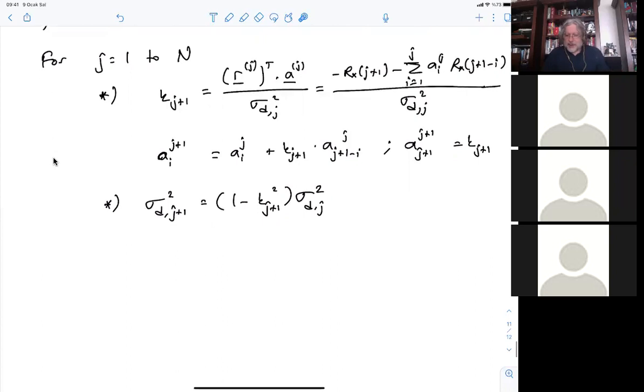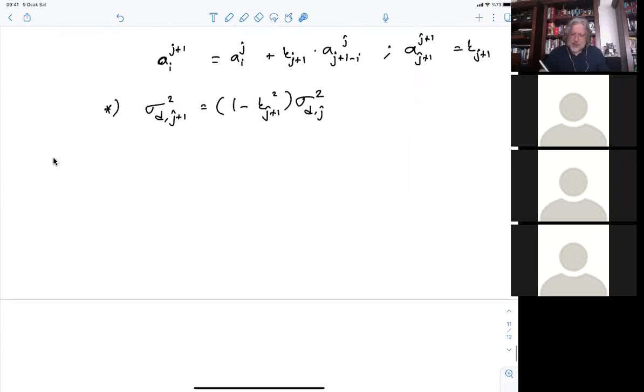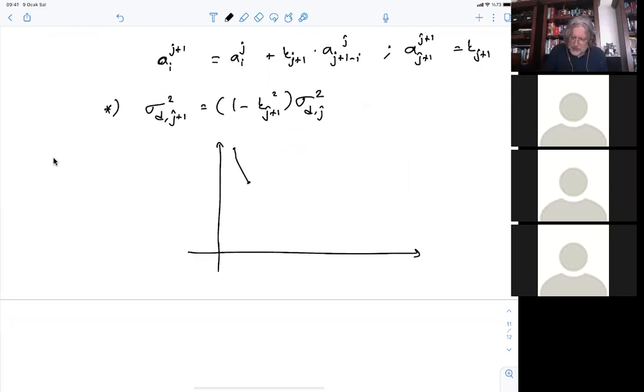When you monitor this, you notice that sigma d square for different j consistently decreases, but it decreases slower and slower after some time, like this. Of course, it will continue to decrease. It will never increase.